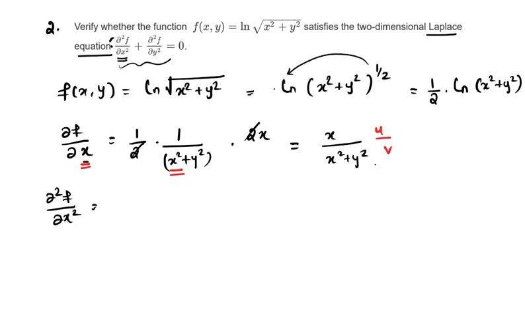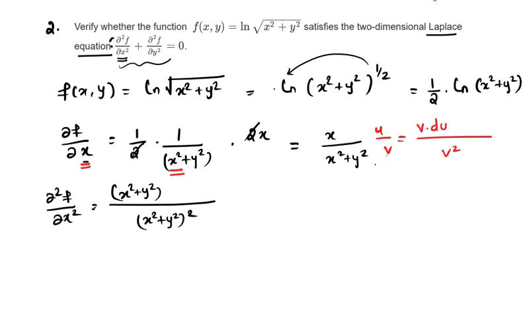If it is u by v form, we will use the quotient rule, that is, we will square the denominator. I'll write the formula here so that you can understand very easily. So v squared, we are squaring the denominator, v into du minus u into dv. That's what we are going to do here.